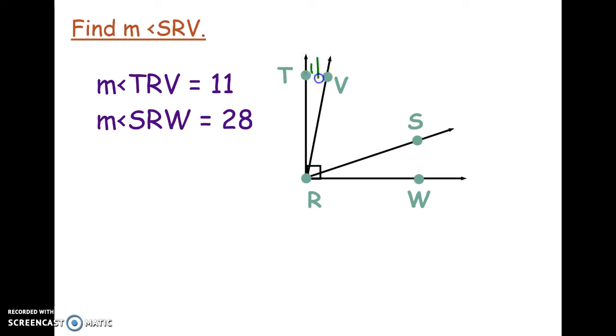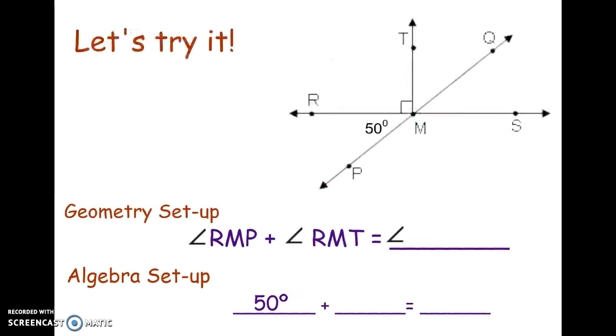Here, PRV is 11, and then SRW is 28. So how do I find this one? Well, if all of this is 90 because of this little right angle symbol, then I would subtract those from 90 to get what that is. We're going to have a lot of practice with that, so we're going to move on for now.